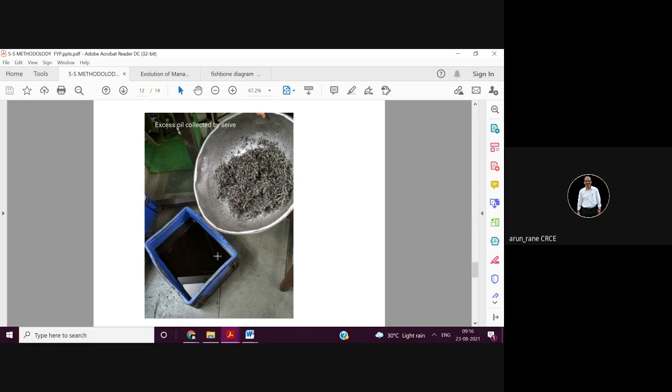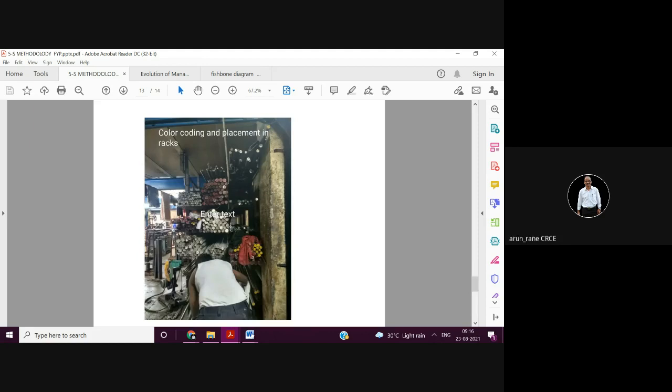Otherwise, this much oil would have gone with these chips. Here, the cutting oil is used for cooling and lubricating while machining is going on. So you have to minimize the scrap. That is also one of the principles of 5S.